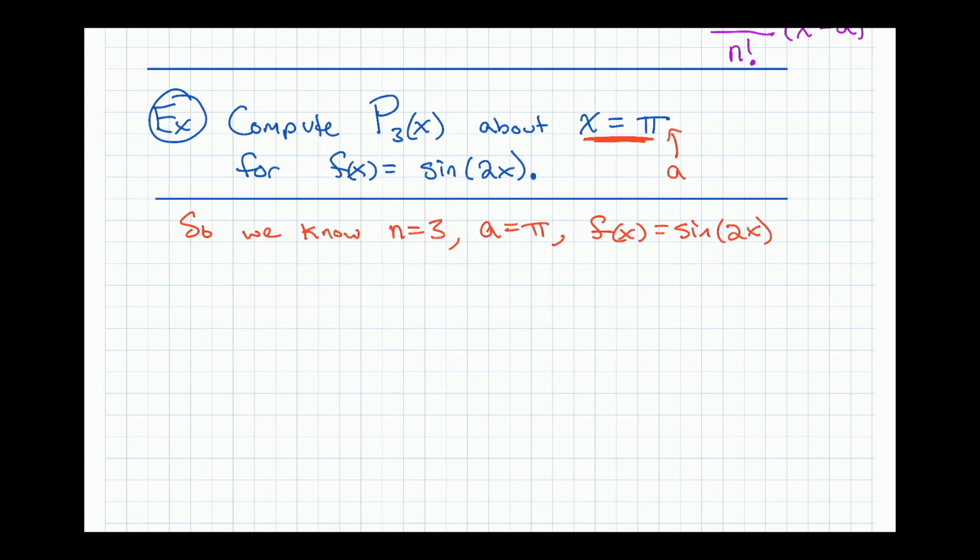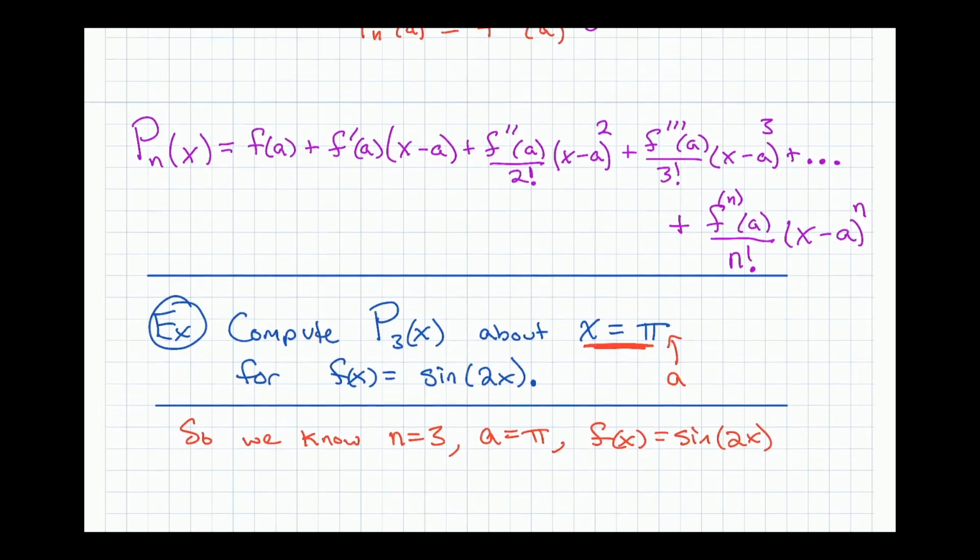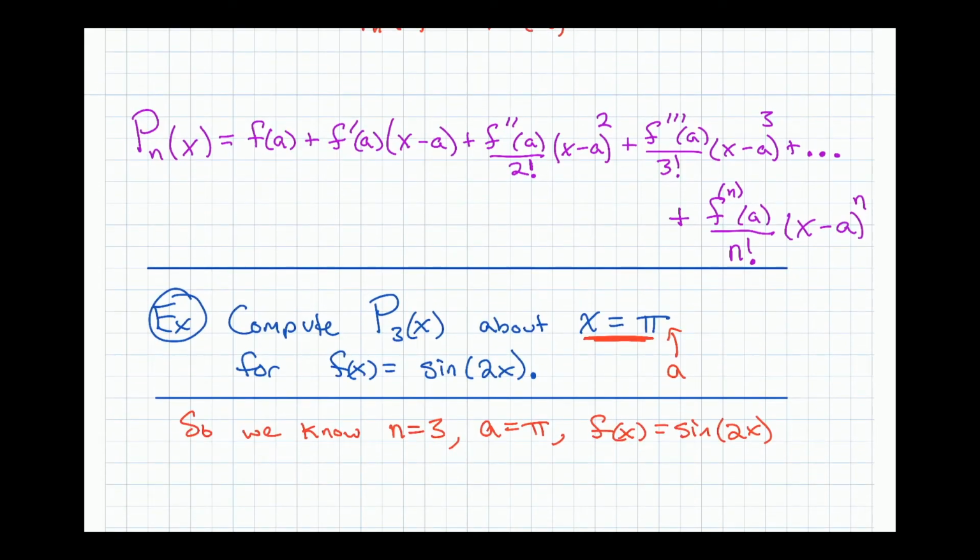So make sure you have all of that straight in your head so you're not confused about it later on. Okay, now let's look at the formula for the Taylor polynomial and think about what you actually have to plug in to make this work out. So what you're going to need to use this formula is a bunch of numbers.